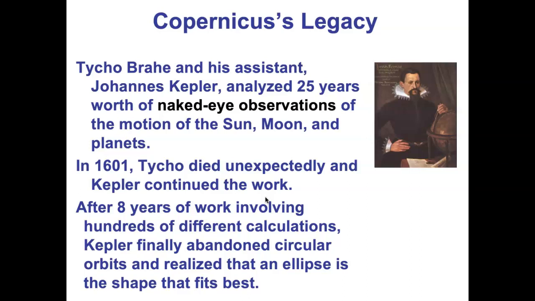But every night, by naked eye, they plotted and measured the positions of the sun, the moon, the planets, some stars, so that after 25 years, Tycho Brahe had volumes and volumes and volumes of numbers, just book after book, full of the raw measurements to show how the position of the planets changes night after night after night for decades. The problem is, Tycho Brahe didn't know what to do with it.